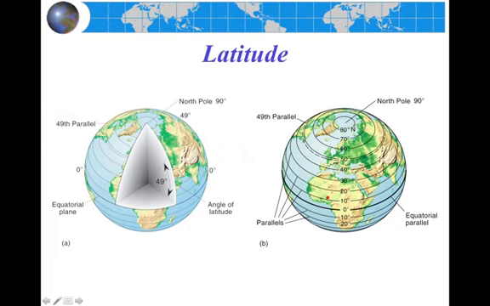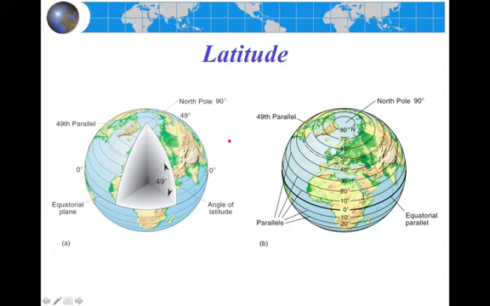So here's the equator at 0, so you can be angular distance north, you can be angular distance south. So you're measuring from the equator, you draw a line out to the center of the Earth, and then to wherever you want on the surface. Here they're saying the 49th parallel. So that angle is 49 degrees, so your latitude is 49 degrees.